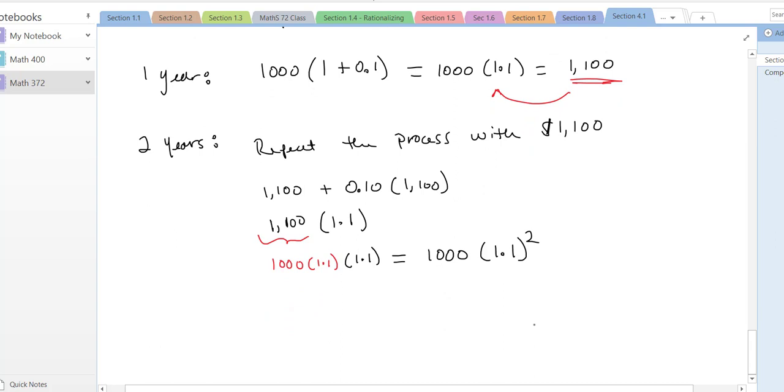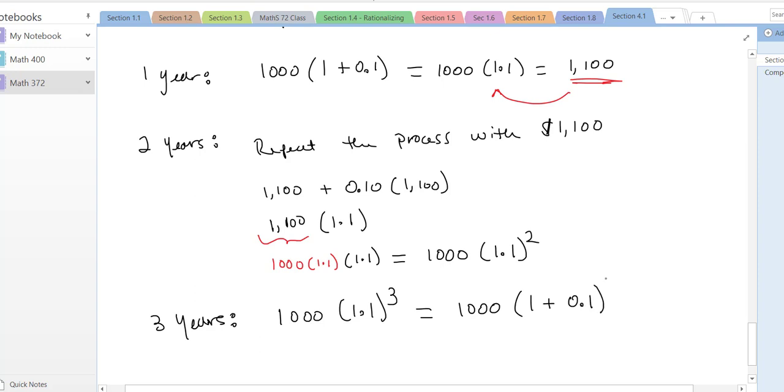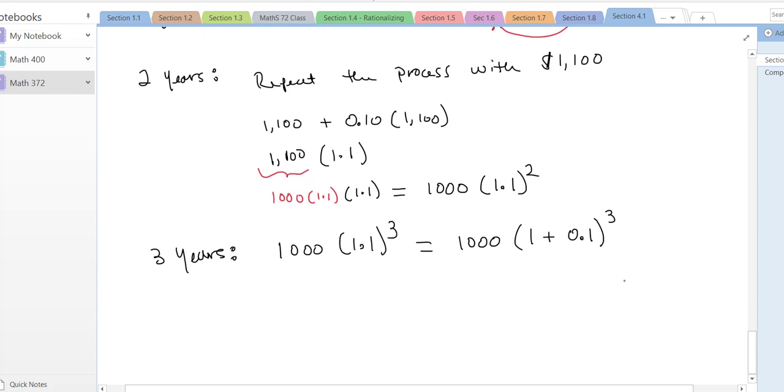If we repeat this process for the third year and fourth year and so on, then after 3 years I'm going to end up with 1,000 times 1.1 cubed. What we want to see is that this is really 1,000 times (1 plus 0.1) cubed.